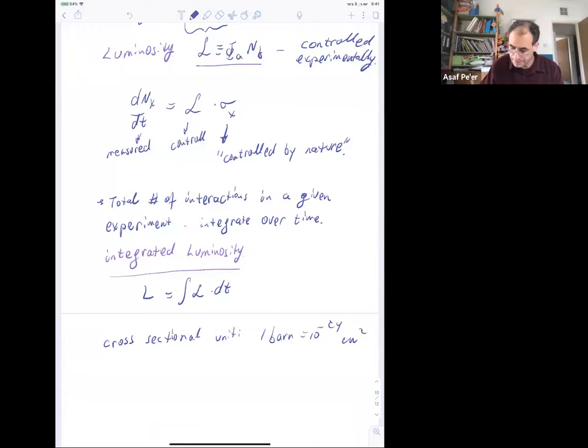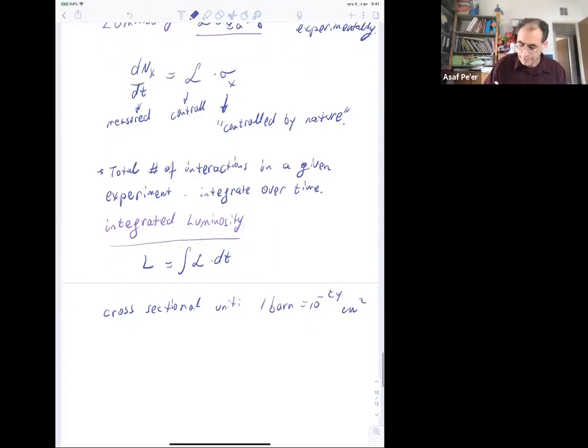But in reality, for most processes we are interested in, it will be in the region of nanobarn, even down to femtobarn. And when we speak today of detecting dark matter particles, they go to 10 to the minus 20 barn or so. So I'm not even sure how to write it down.